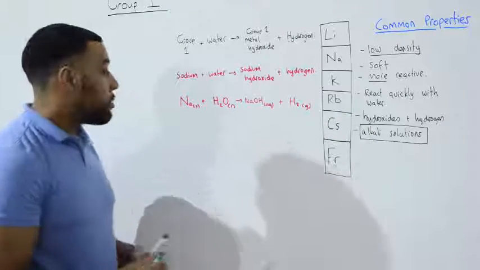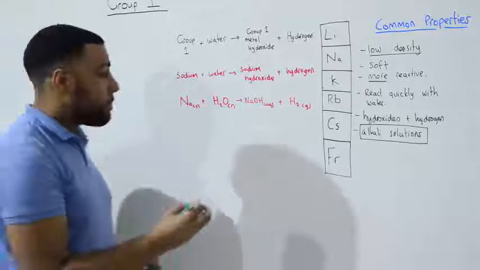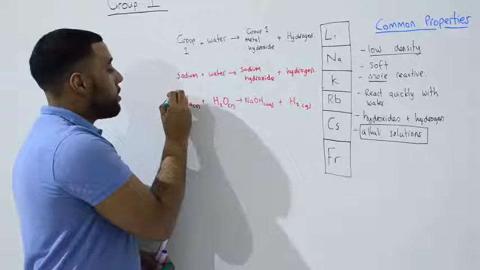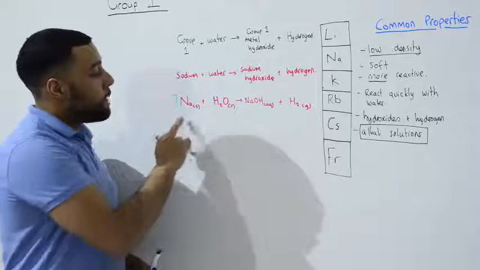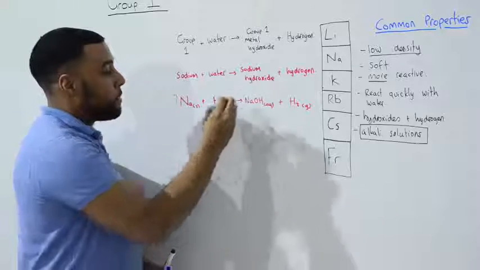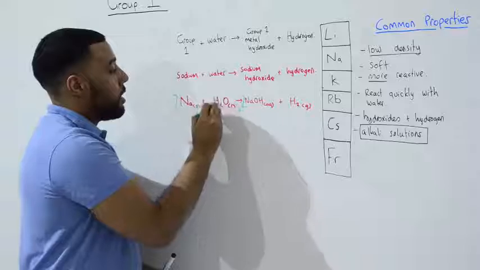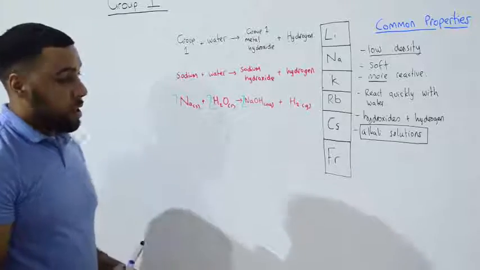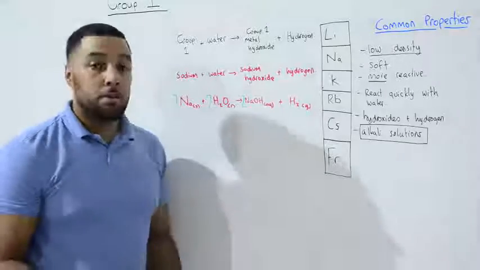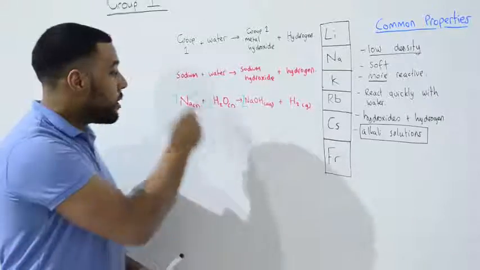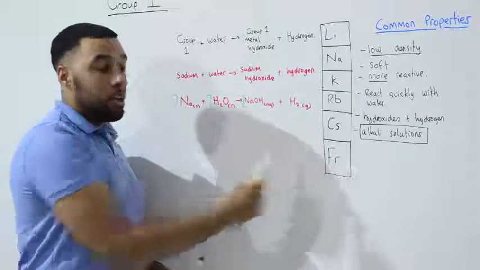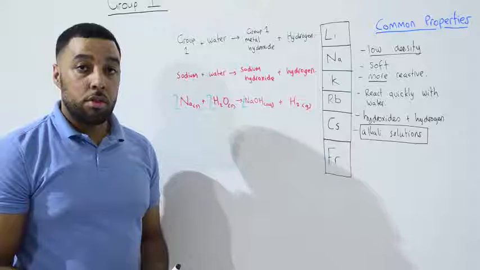Now this equation will need balancing, and to balance this equation I put a big 2 before the Na, and a big 2 before the water and sodium hydroxide. This balances my equation. And this equation works for any of the Group 1 metals.